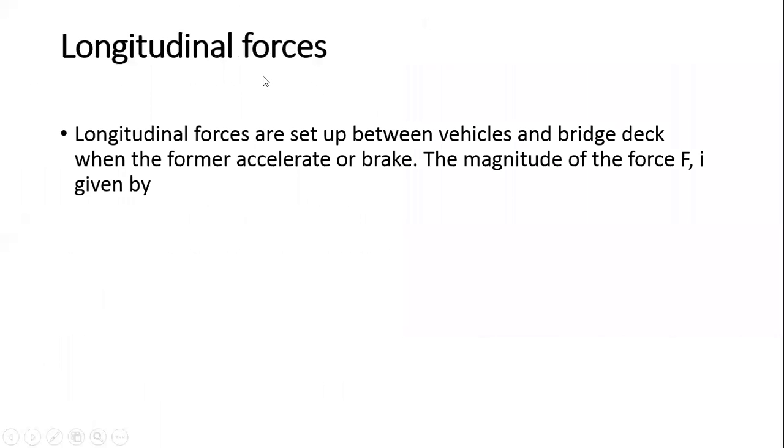Next is your longitudinal force. Now, why is this force acting here? Longitudinal forces are set up between the vehicle and the bridge deck when the former accelerates or brakes. When the train accelerates or brakes on the bridge, we get this type of force that is called your longitudinal force, and it is given by this formula.